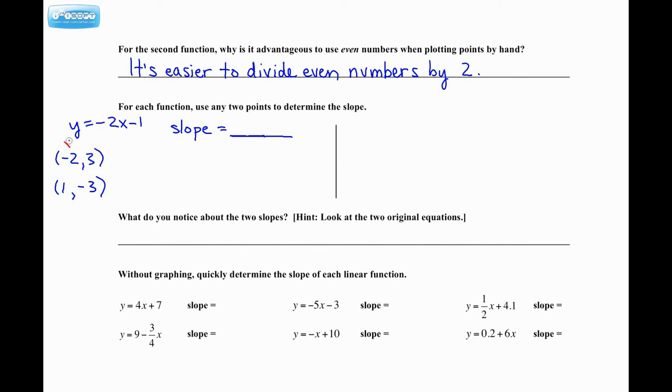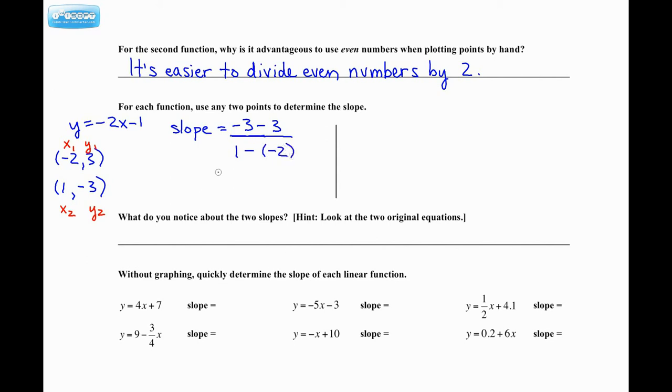I'll make this one x1, y1, and I'll make this one x2, y2. All right, so we want y2 minus y1. So that is negative 3 minus, and y1 is 3, over x2 minus x1, remember from our formula? So that is 1 minus, and x1 is negative 2, so I'm subtracting a negative.